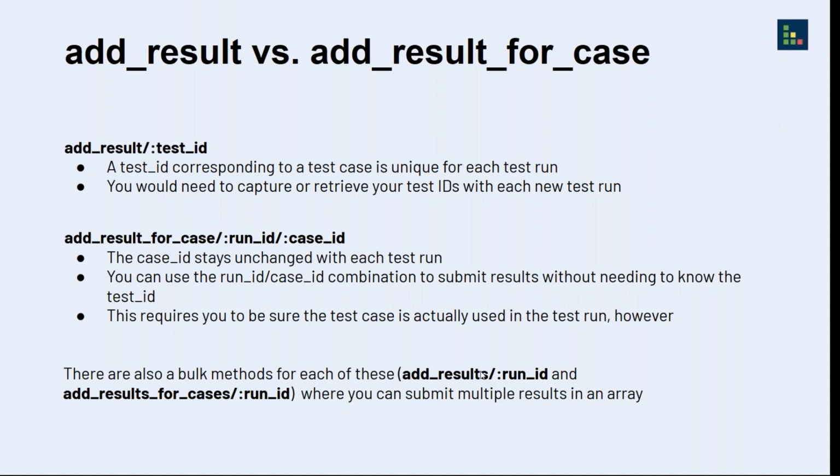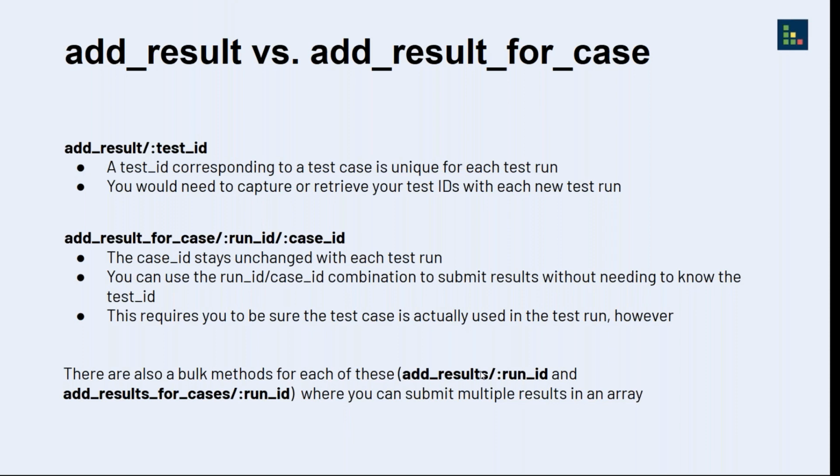So that case ID is going to remain the same as long as that case exists in the TestRail project. A test ID is going to change with every test run that you create. So if you have a case ID of 1, but you have 10 test runs that use that case ID, every test inside those test runs will have a different ID, but the case ID will still be the same.